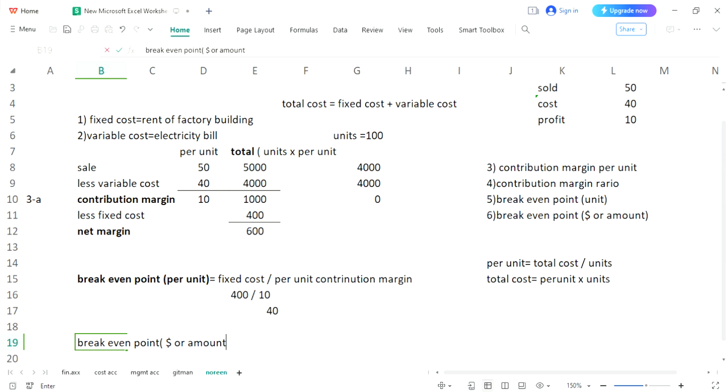Okay, so again you would be having your fixed cost over here, and it would be divided by contribution margin ratio.